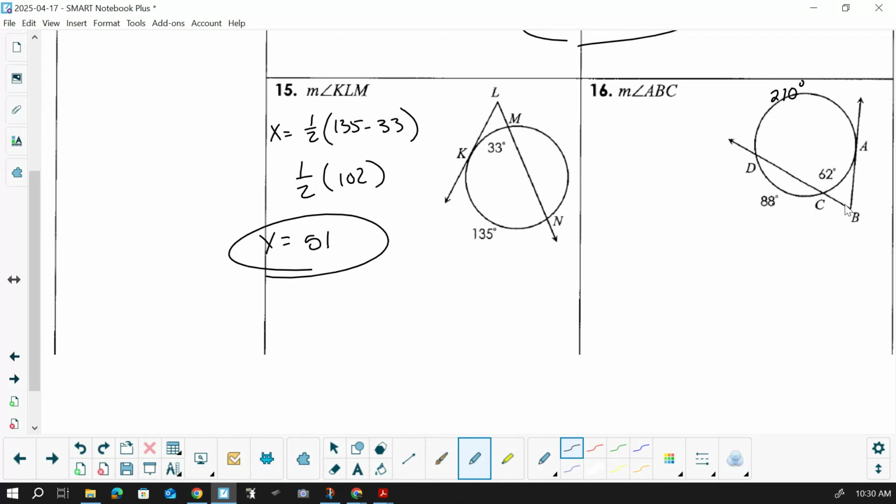So now I can work it out. Angle is my x. Angle equals 1/2 big arc minus the small arc. 210 minus 62 is 148. 1/2 times 148 is 74.